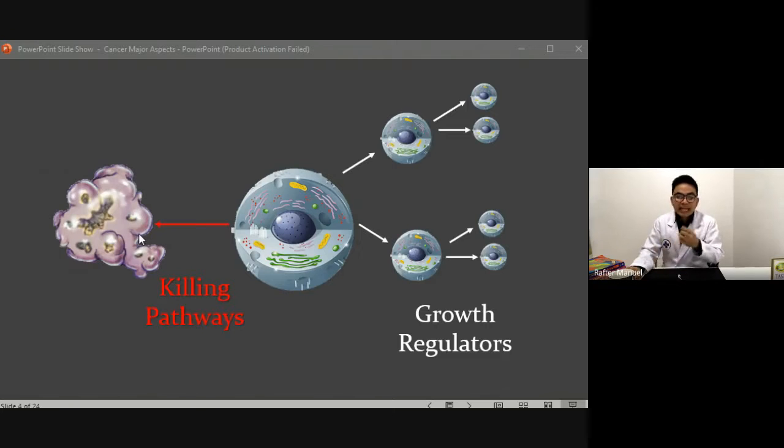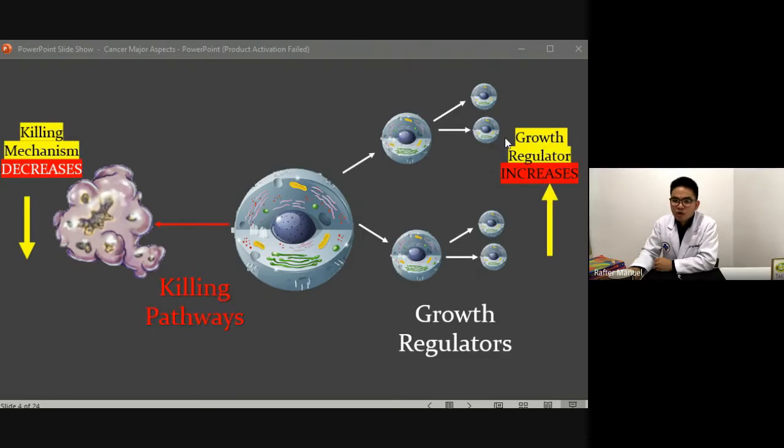Okay? But in cancerous cells, it is growing faultily. They are growing faultily. Why? Because growth regulation increases while the killing mechanism decreases. So dumadami sila dito while the killing mechanism decreases.